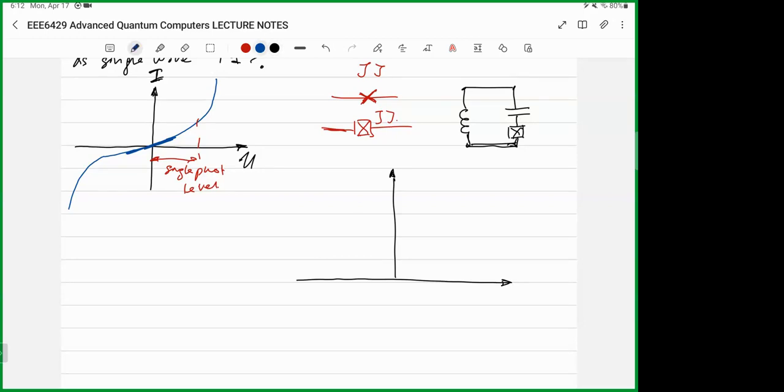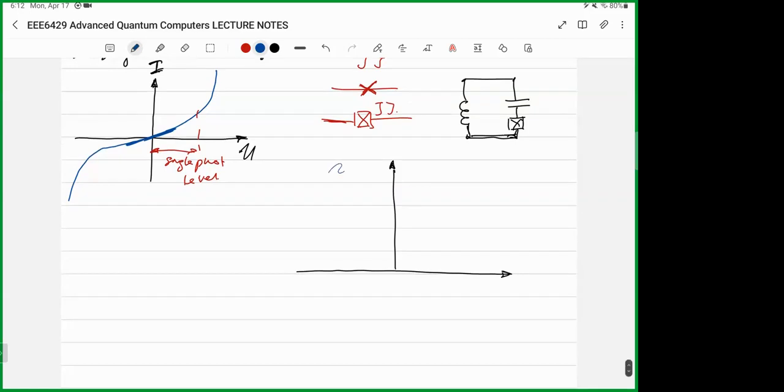So let me draw again this harmonic spectrum by a dashed curve. So this is the perfect harmonic oscillator energy dispersion.